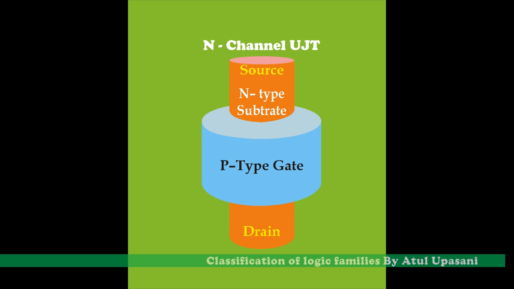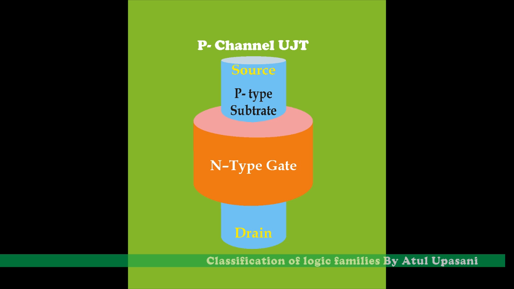In a similar way, P type UJT can be formed. That means the substrate which is used will be of P type and the gate will be of N type. So here from the source to drain, the whole current will be due to only positive charges. That is why this channel will be P type or positive type.